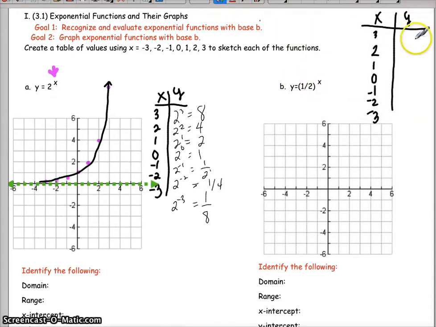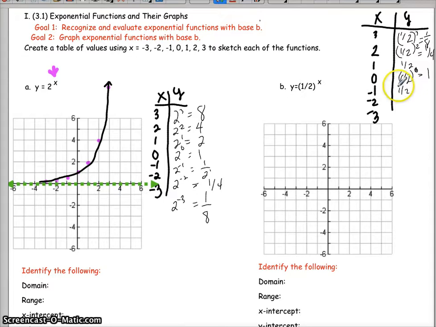So 1/2 is our base. 1/2 raised to the third power. So that's 1/2 times 1/2 is 1/4. 1/4 times 1/2 is 1/8. 1/2 raised to the second power. 1/2 times 1/2 is 1/4. 1/2 raised to the first power is 1/2. 1/2 raised to the 0 power. Remember, any number raised to the 0 power is 1.